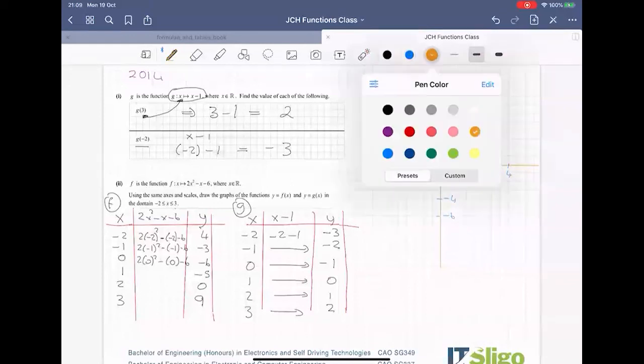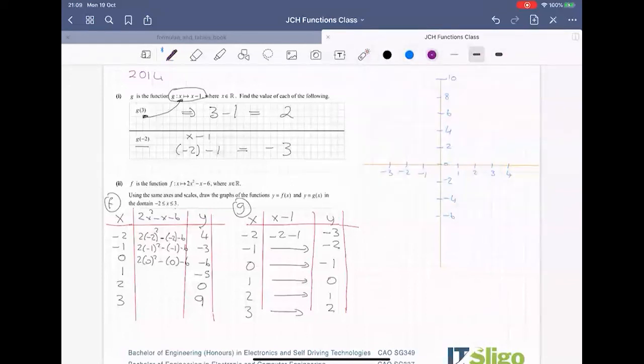Okay, so let's plot our points then. So for f, I'm going to plot f in purple. So I have -2, comma 4. So -2, comma 4 is here. I then have -1, -3. I then have 0, -6.